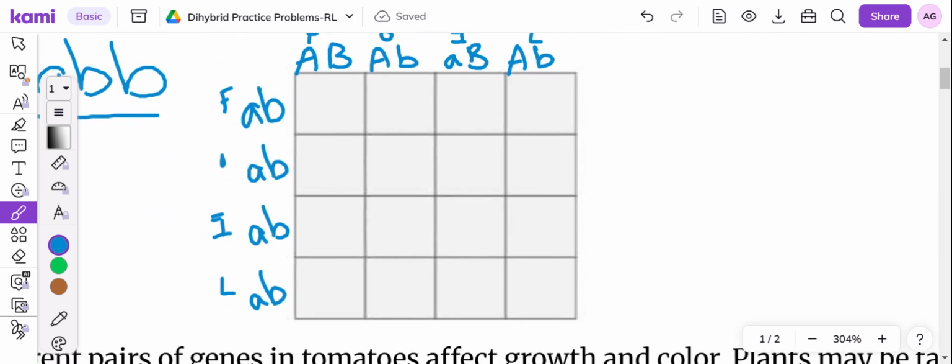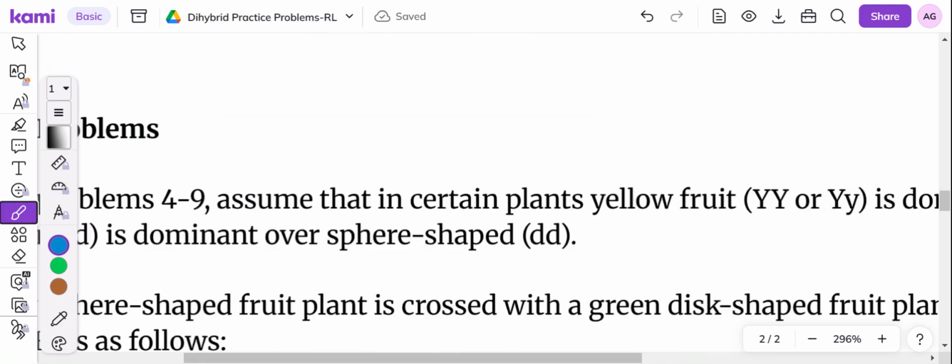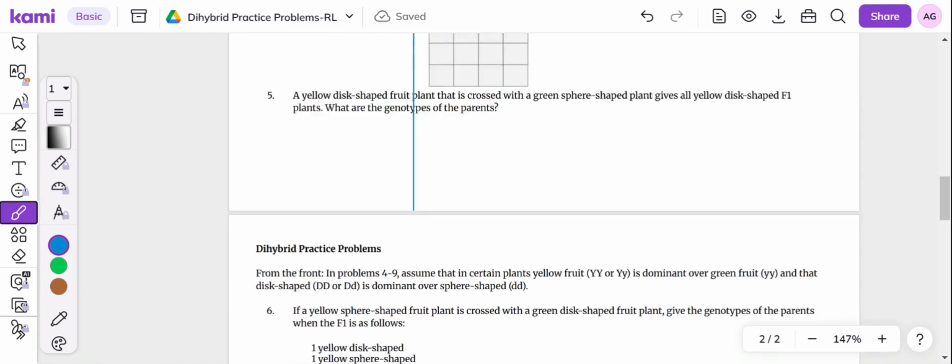We're just going to do the same thing that we've always done for Punnett squares. We look all the way to the top and all the way to the left to figure out what goes in the Punnett square. To keep these letters straight, since we started out with A's first, we always write the A's first. So in this box, we have a big A on the top and a little a to the left.